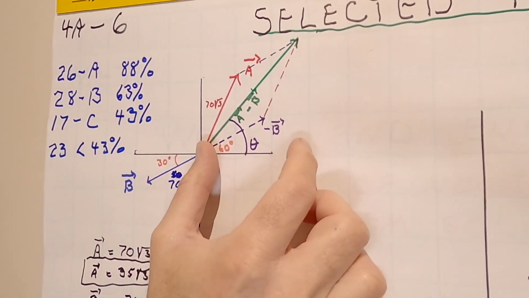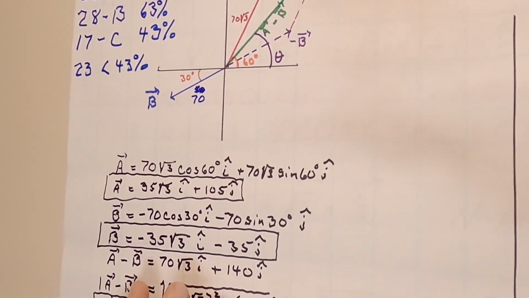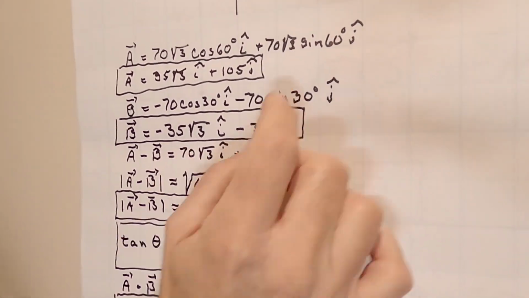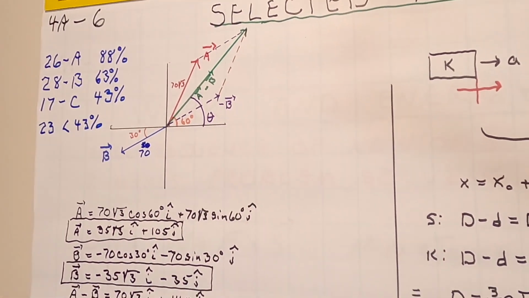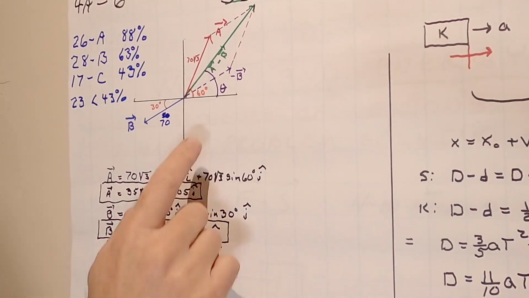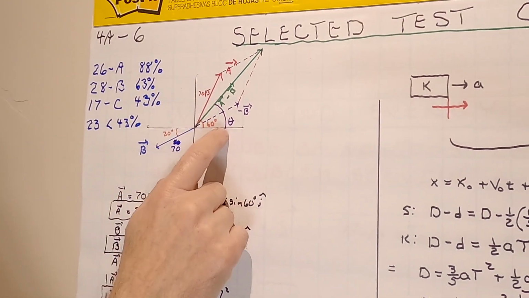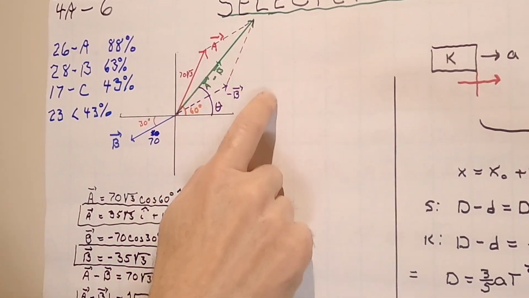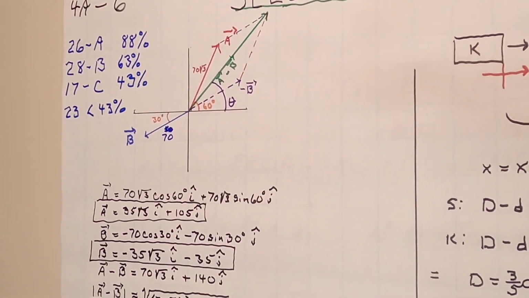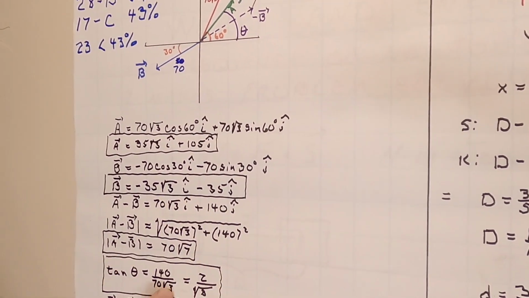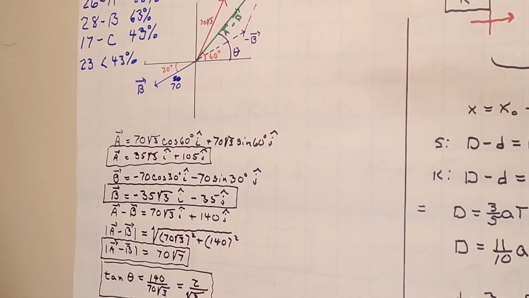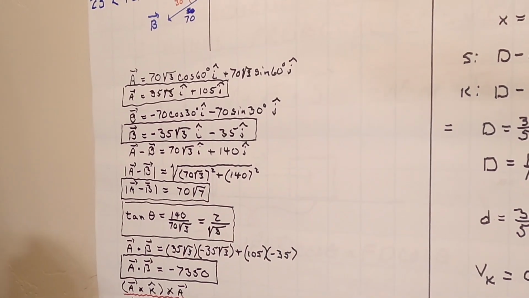This length would correspond to 70 square root of 3, and this height would correspond to 140. So if I wanted to find this angle, the tangent of that angle is just the y over the x. So it's the 140 over the 70 square root of 3. Cancel out a 70, 2 over the square root of 3.